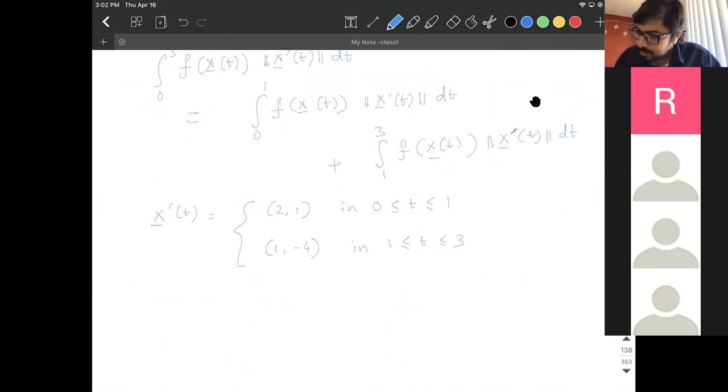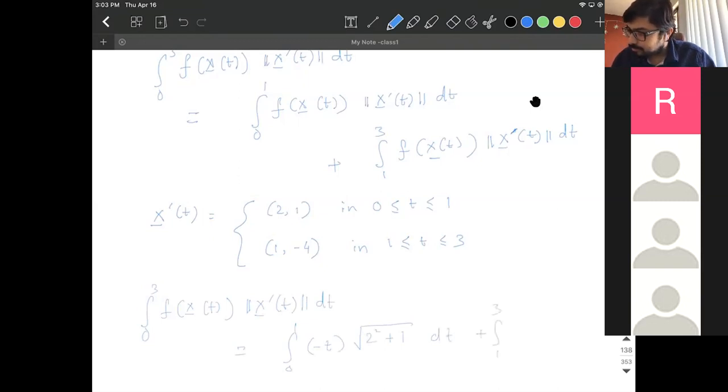So finally, we compute the integration from 0 to 3 of f of x(t) x prime(t). Now let's put in the values. Between 0 and 1, f of x(t) is minus t, and this is my x prime(t), so it should be the square root of 2 squared plus 1 dt.